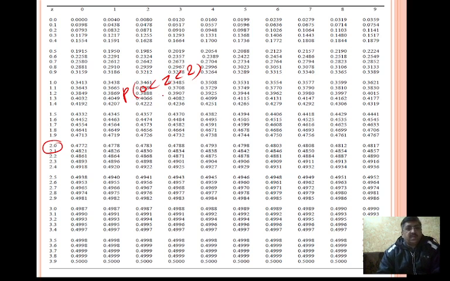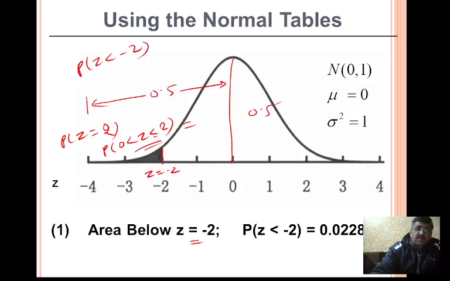We have already discussed that in video number 2. So this value is 0.4772. Is it okay, my dear student? Let's note it down somewhere here: 0.4772 we have calculated, right?